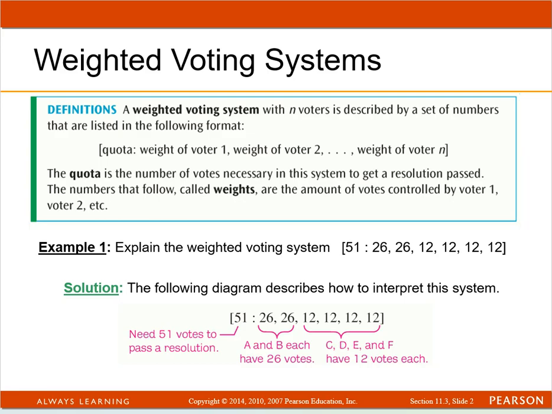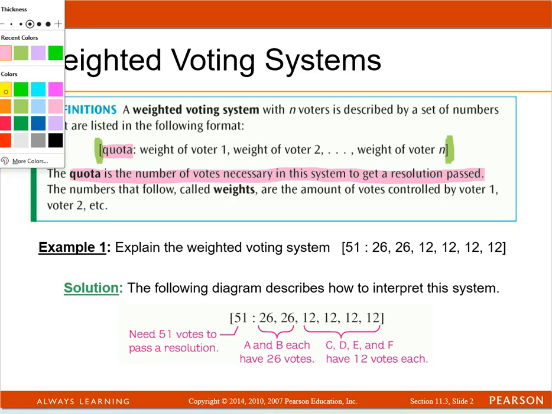They're going to put them inside brackets, so you'll have a bracket at this end and a bracket at that end. Then you'll have a number right here in front of that colon, and that is your quota. The quota is the number of votes necessary in this system to get a resolution passed.